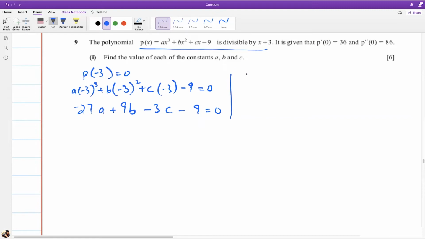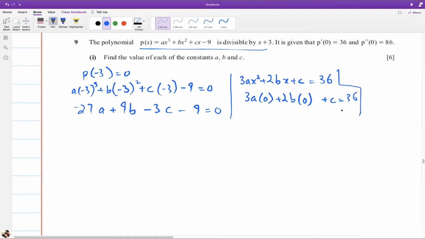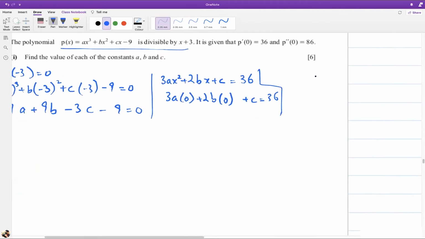So p prime में यहाँ पे करता हूँ, हो जाता है 3ax squared plus 2bx plus c and this is equal to 36. If I put x equal to 0, so जब मैं x equal to 0 plug in करूँगा तो ये बन जाएगा 3a into 0 plus 2b into 0 और c equal to 36 बन जाएगा. My third statement was p double prime is 86.